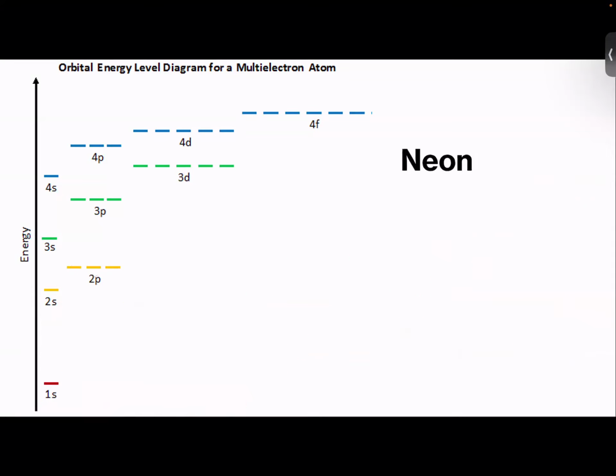Let's look at another example. Let's look at neon. Neon is atomic number 10, so it has 10 protons, and in a neutral atom has 10 electrons.